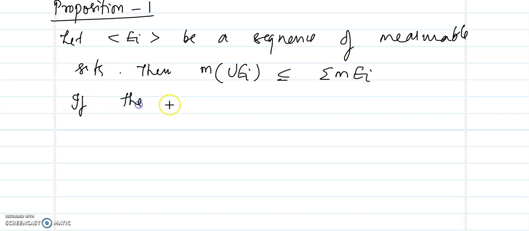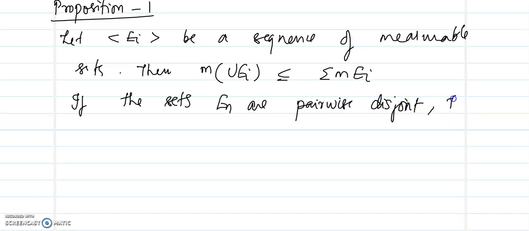If the sets E_i are pairwise disjoint, then m of union E_i will be equal to summation m of E_i. So the first property states countable subadditivity, and if the sets are pairwise disjoint, then equality holds.